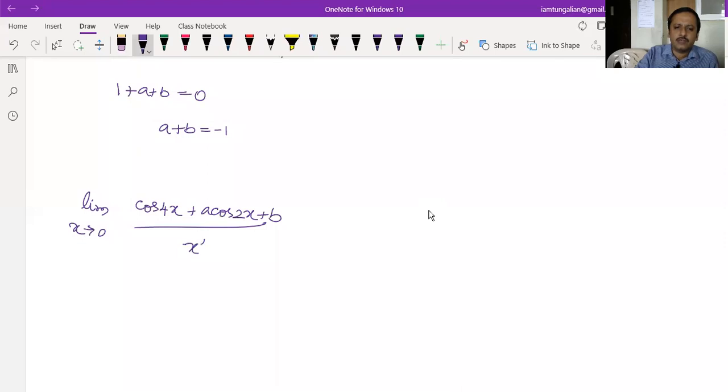Given that it is finite, this numerator should be 0 when we apply the limit. So that means it is of the form 0 by 0. Therefore, we can use L'Hospital's rule.